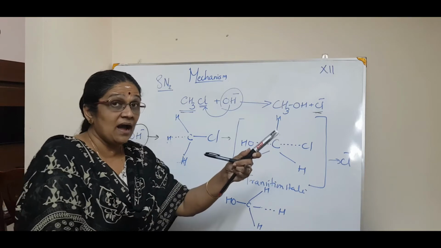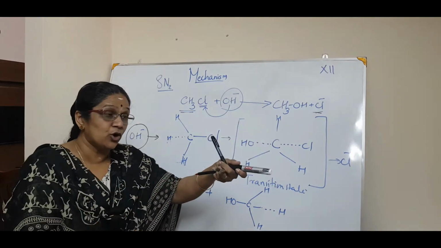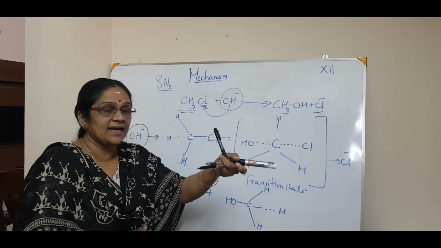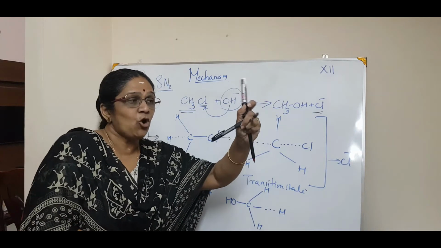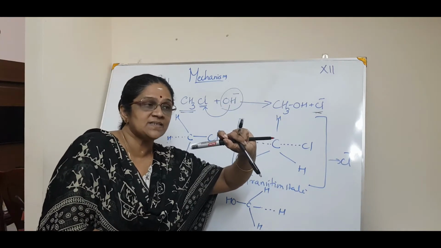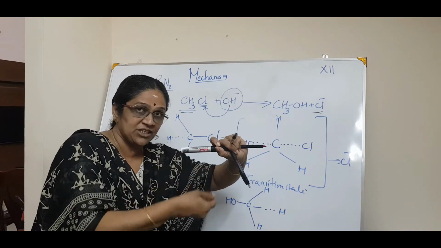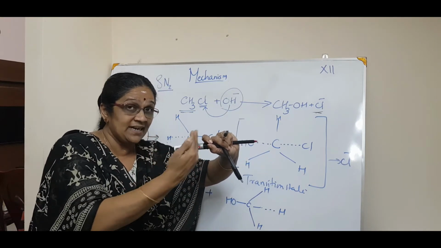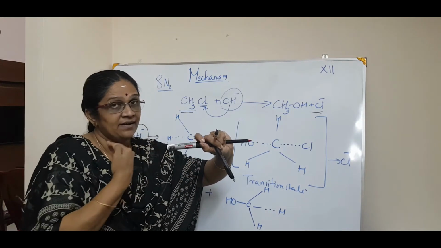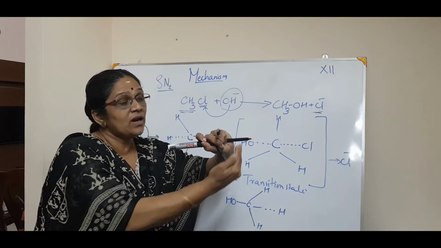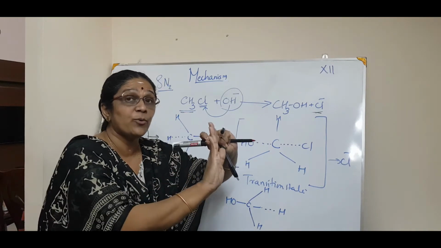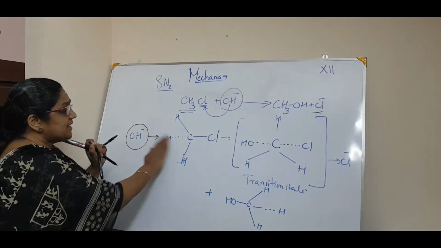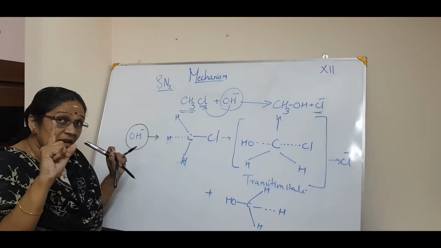But after the attack of a nucleophile, the geometry is inverted. The carbon-oxygen bond, from my side, is on the left side, and all the other carbon-hydrogen bonds will be on the opposite side of the first thing. Very, very important point.